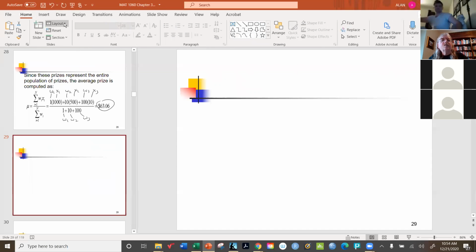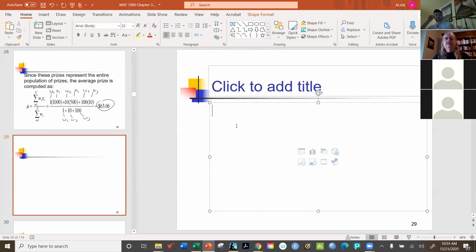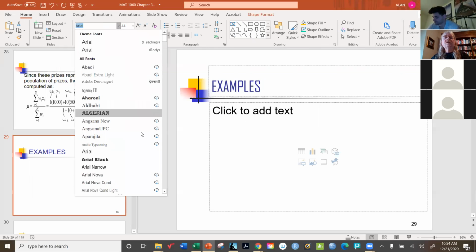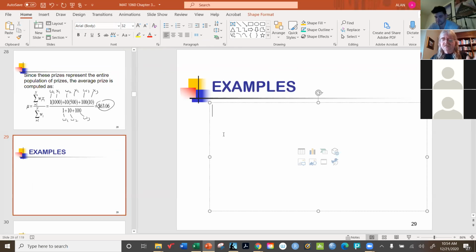What I'm going to do is put together a quick example. Suppose, because more examples are always better than less, I think. This is the kind of material, by the way, where you can really learn it just by practicing.